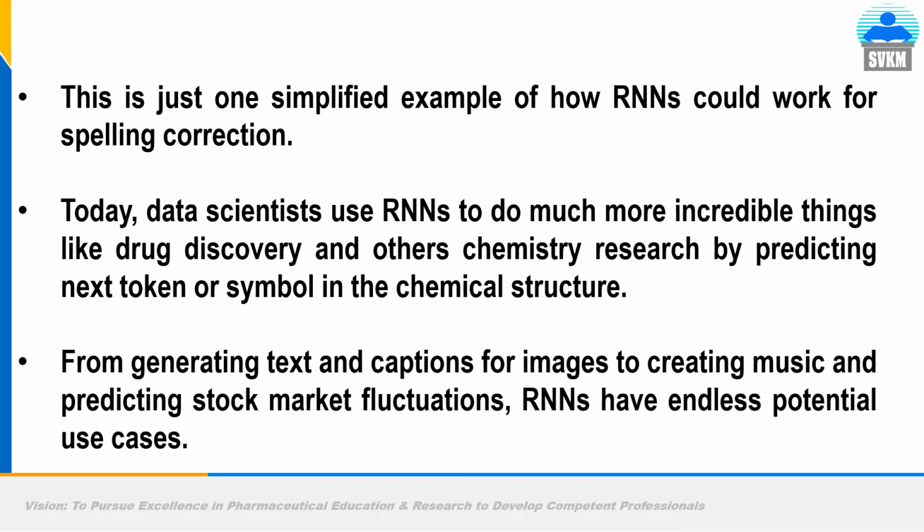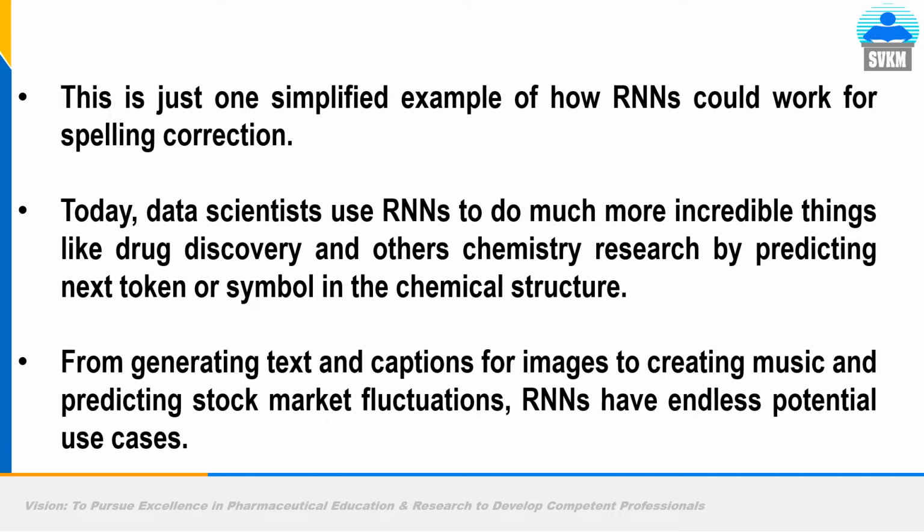In chemistry research, it works by predicting the next token or symbol in the chemical structure, and the same is possible in retrosynthesis applications, because we all know AI not only gives you ready-to-use drug-like structures for the next stage in drug discovery, but also gives you the probable or tentative route of synthesis through retrosynthesis.